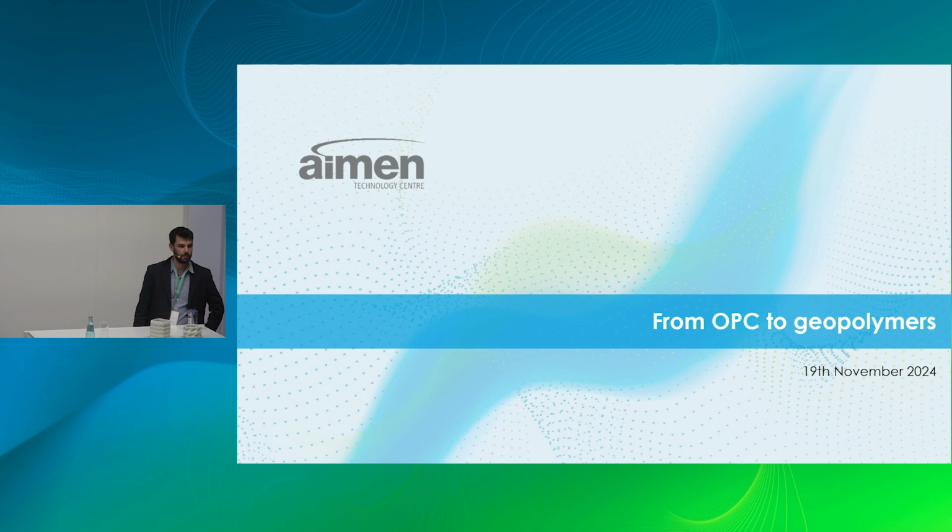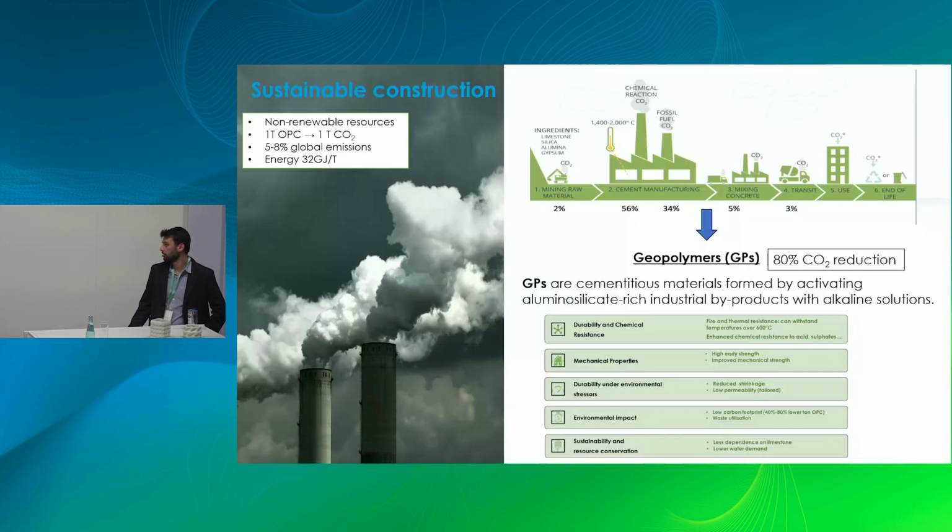Well, I will start my presentation by talking about one of the biggest problems of the construction sector, which is the carbon emissions that it generates, and is due to the use of ordinary Portland cement. The construction sector contributes to 8% of the global emissions, and the origin of these emissions is due to the OPC.